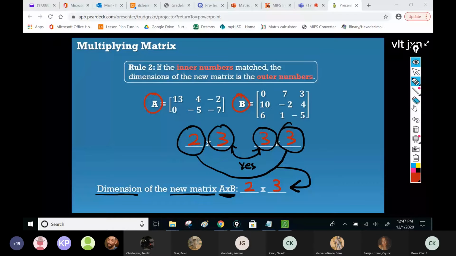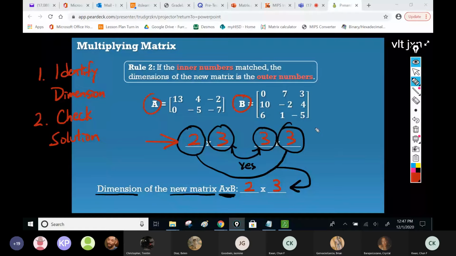Let me quickly summarize everything we have learned so far. When I tell you to multiply two matrices, the first thing you have to do is identify the dimensions of the two matrices. Then check to see if there's a solution, because if there's no solution, don't even bother doing it.